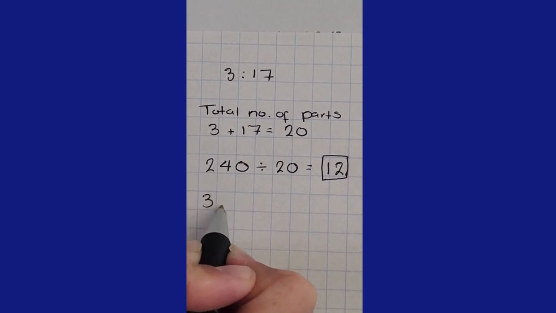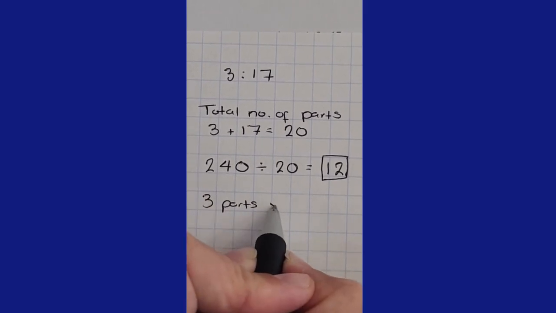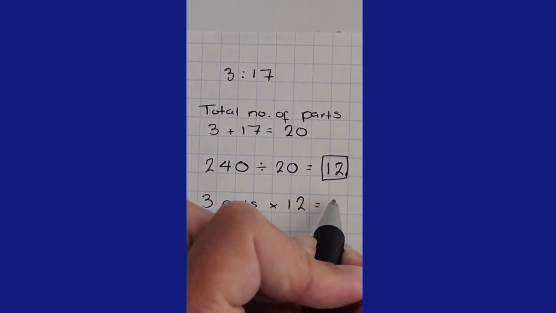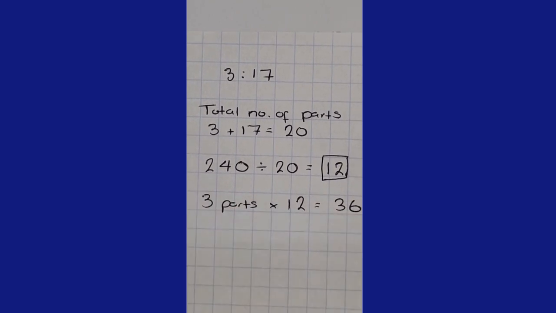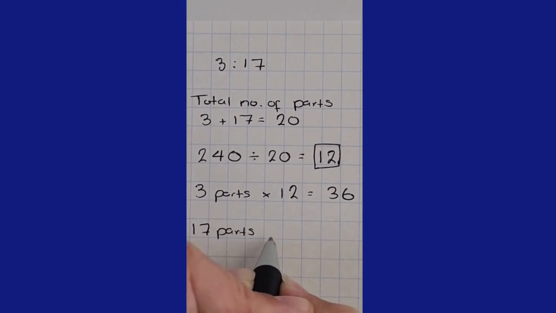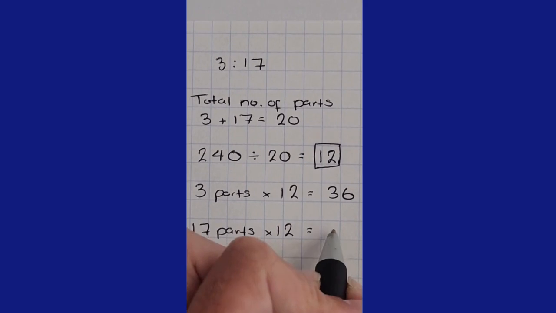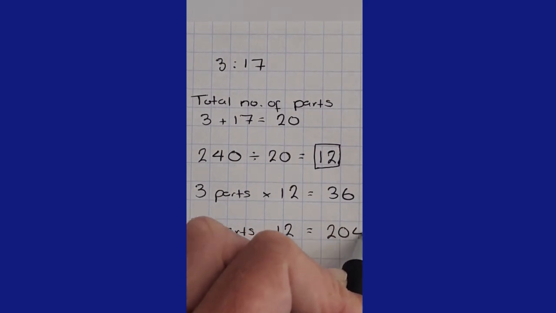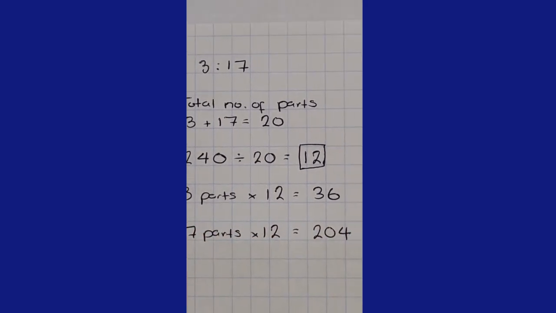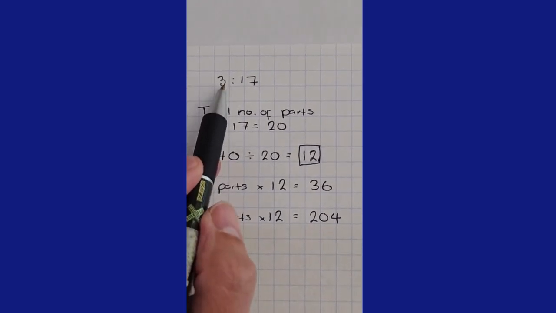So 3 parts are going to be 3 lots of 12, which means the first one's going to be 36. And then the 17 parts, well, I know that each part is worth 12, so again, I would times it by 12. 17 times 12, well, I think that's going to be 204. So that is another way of doing that question if you know the number of parts, which is 3 to 17.